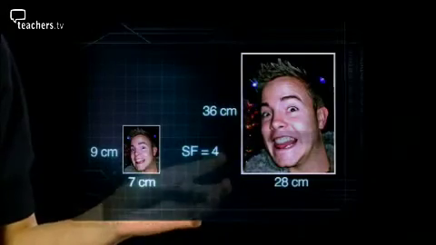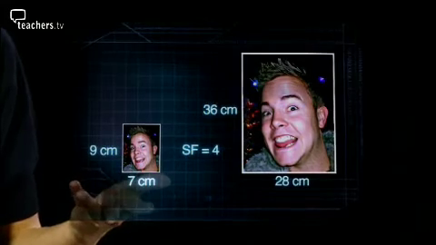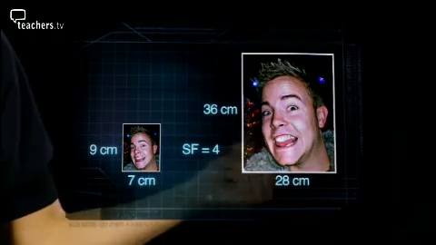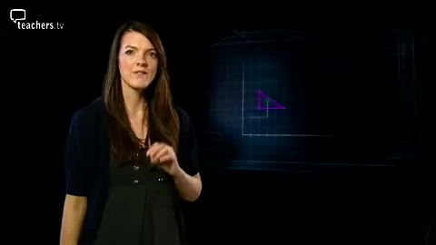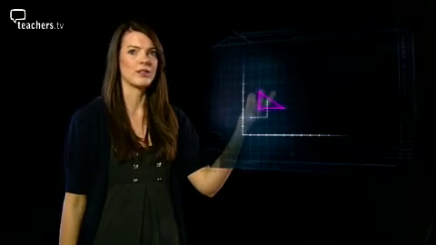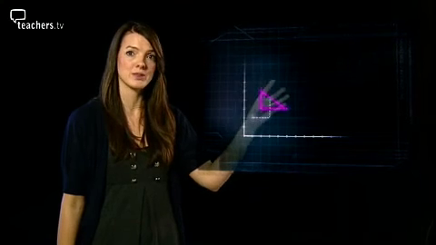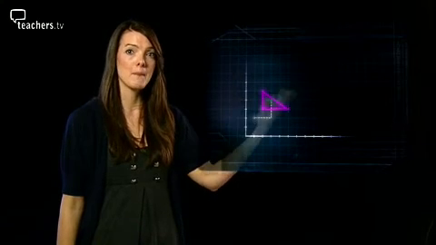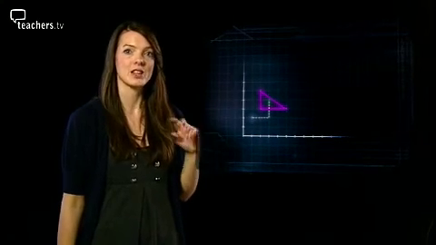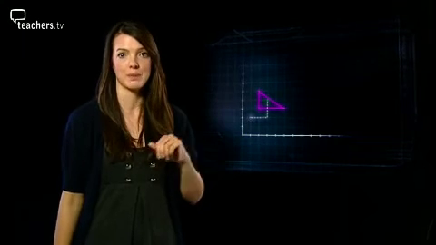Enlargement means making something bigger or smaller by a scale factor. The scale factor is the number you multiply the original dimensions by to get the new dimensions. If you're enlarging something from a centre of enlargement, you have to work out the distance from the centre of enlargement to each point and multiply it by the scale factor to find out where your new image will be.